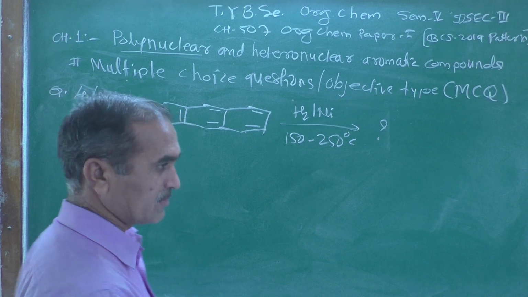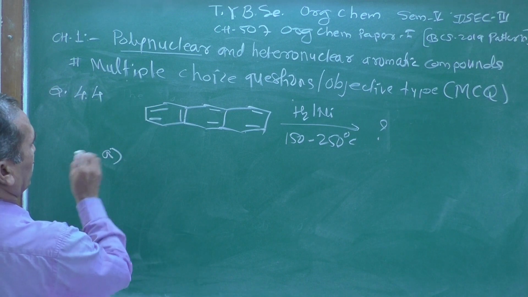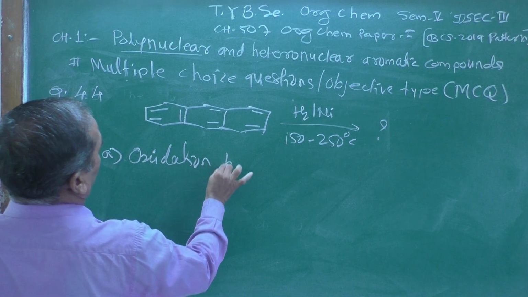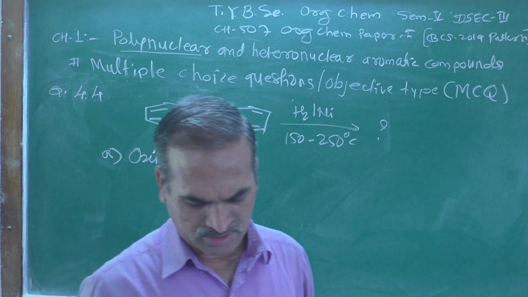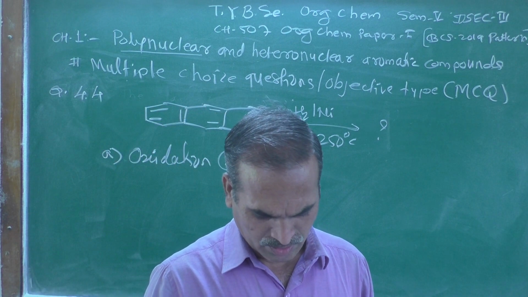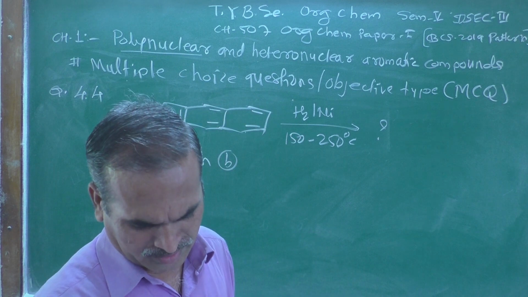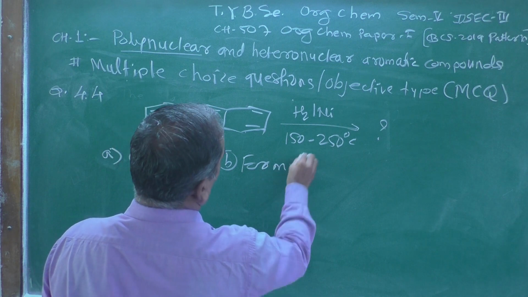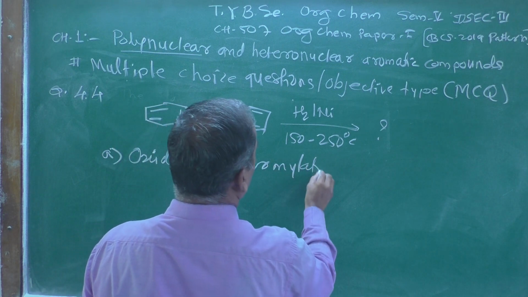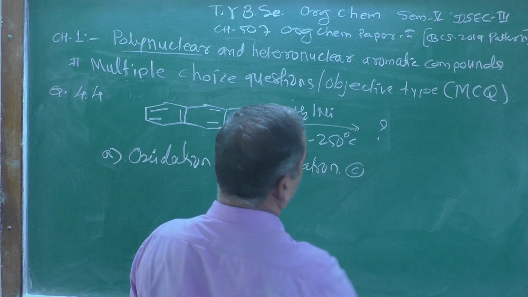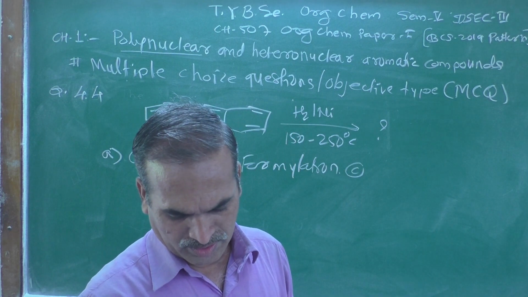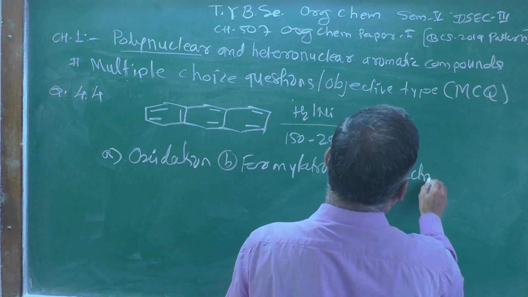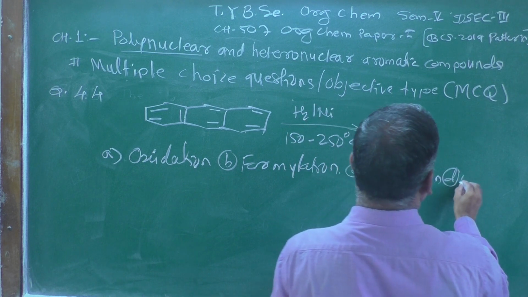Option A is oxidation, B is formylation, C would be reduction, and D is all of these.